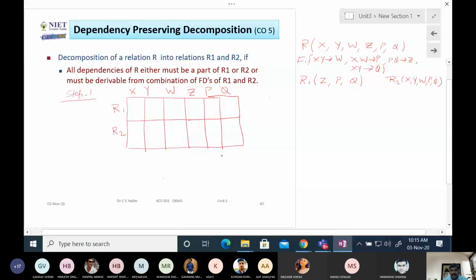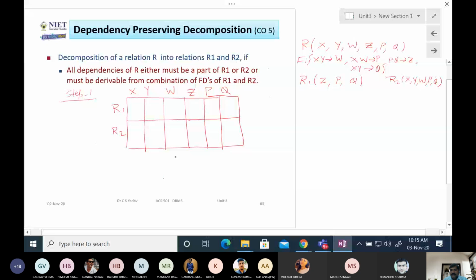We will initialize each cell with either distinguishing symbols or non-distinguishing symbols B. For that we will check if Aj belongs to Ri, then Mij is initialized with Aj, else Mij is initialized with Bij.